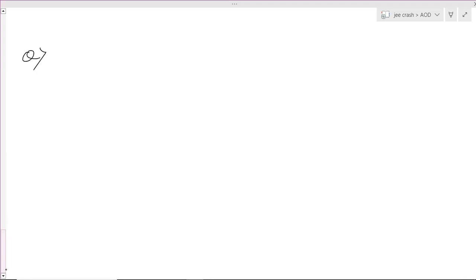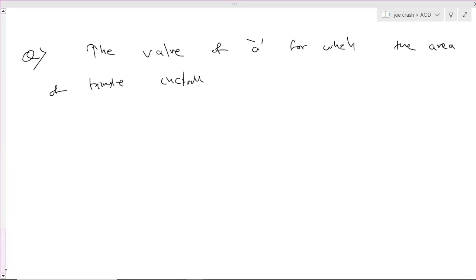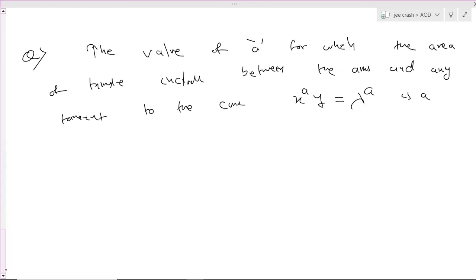Let me give you one question. 2 minutes for this. The value of a for which the area of the triangle included between the axes and any tangent to the curve x to the power a y equals lambda to the power a, where lambda is a constant, is constant.